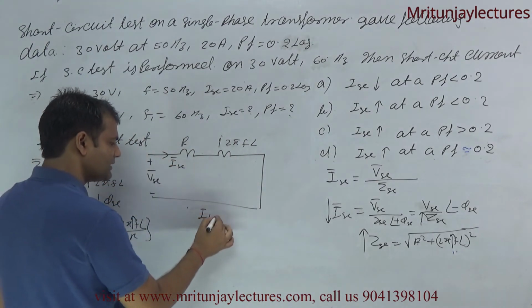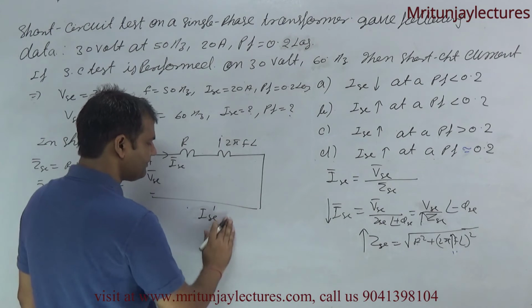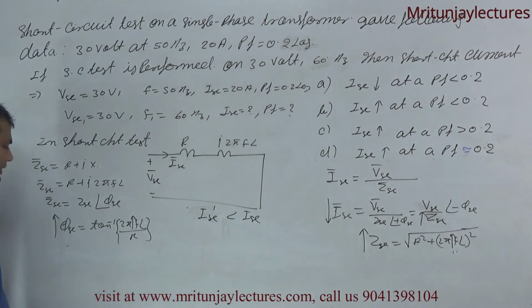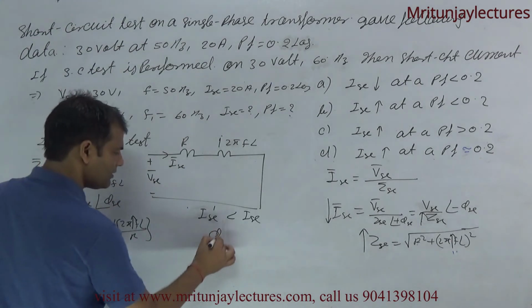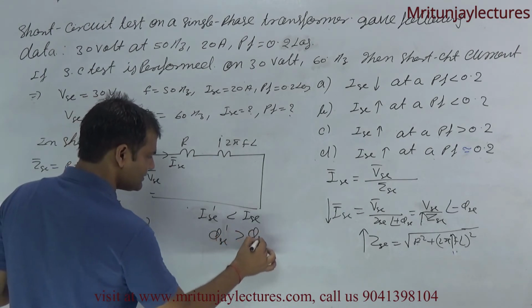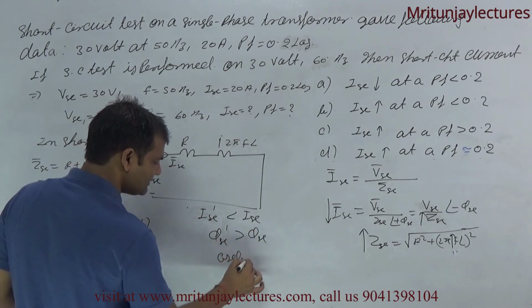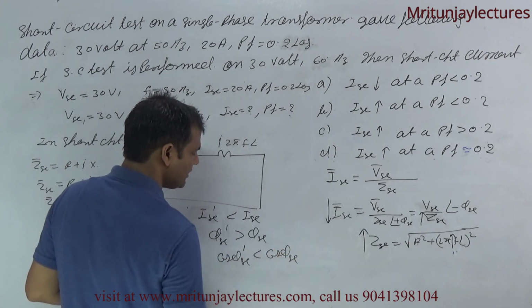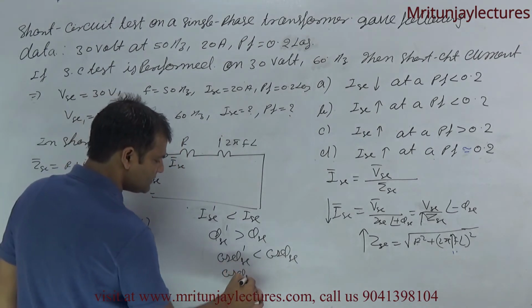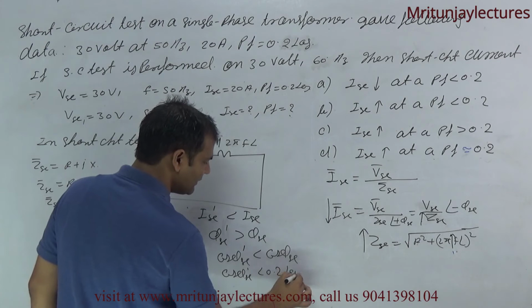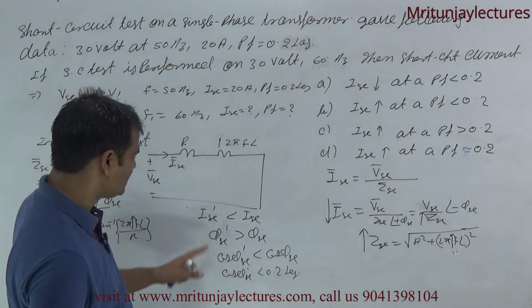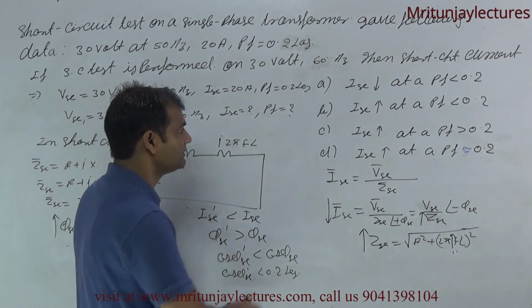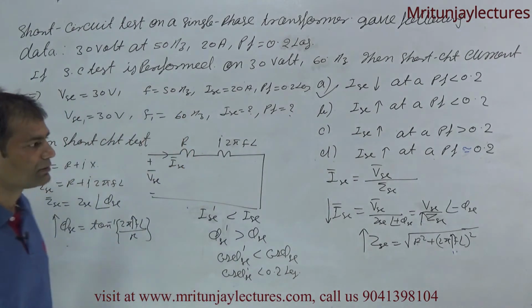It decreases. What about power factor? Cos phi decreases, since phi dash increases. So cos phi SC dash is less than 0.2 lagging. In that case, which option is correct? Current decreases and power factor also decreases. Which one is correct? A is the correct option.